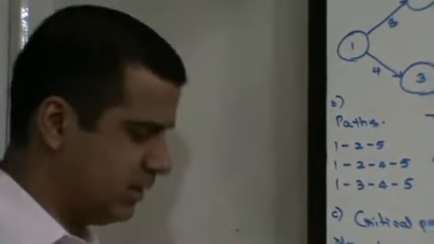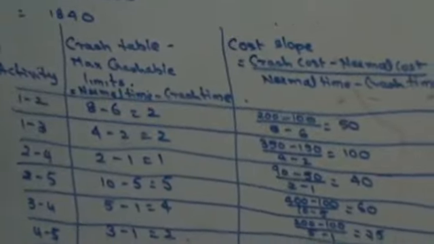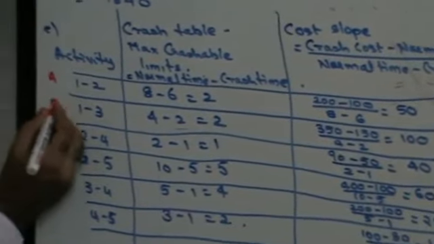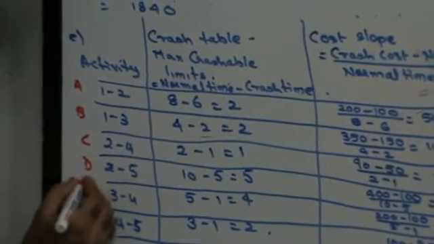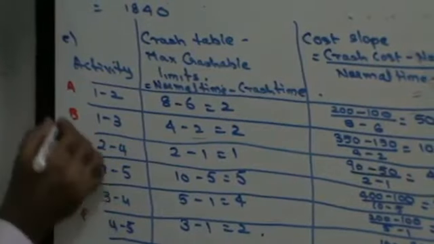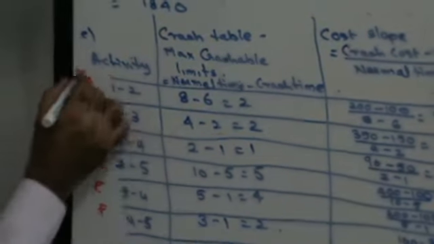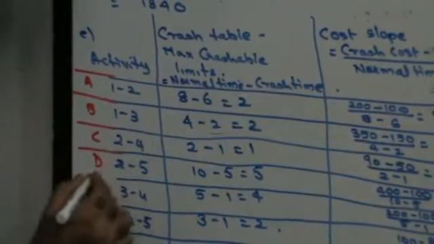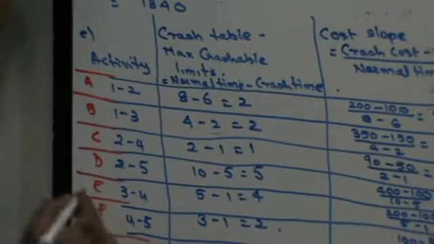So in that case, we'll name these activities as, say, A, B, C, D, E, F. Let's call these activities by these names. That will enable us to do crashing more easily.